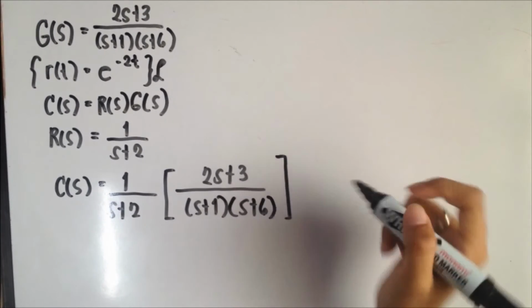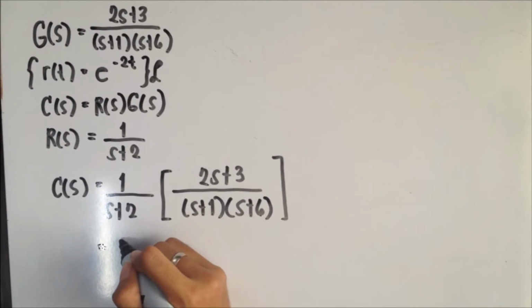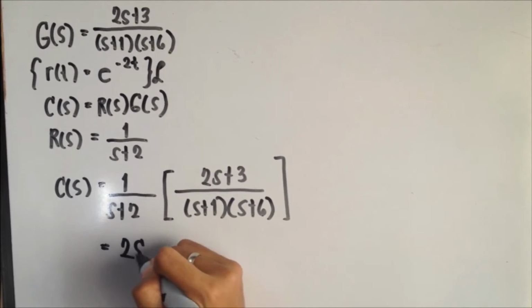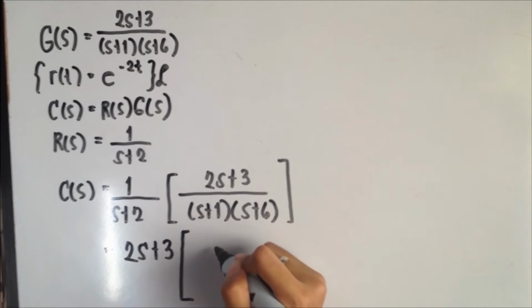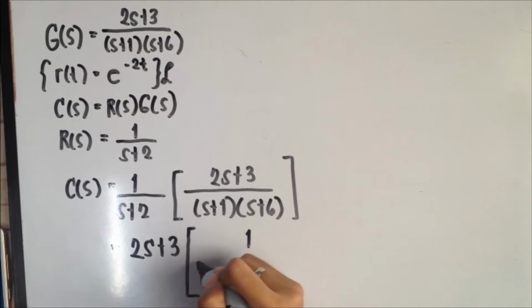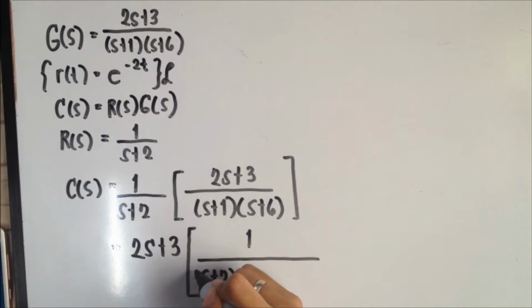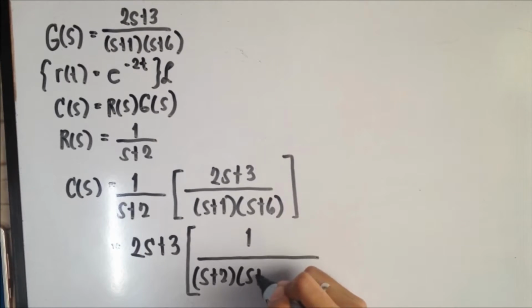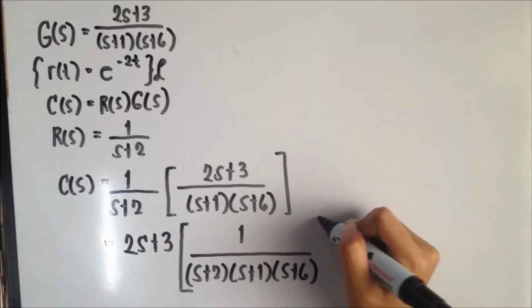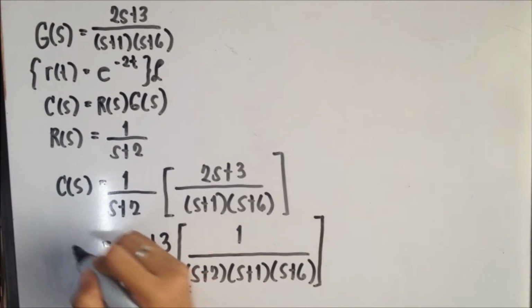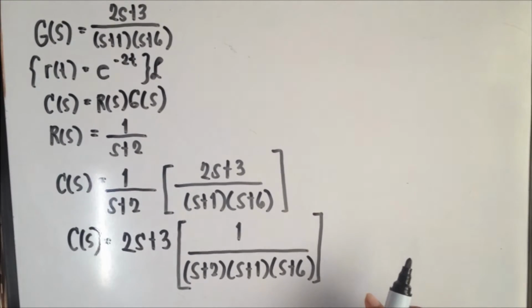So we can write this equation in the form of 2s plus 3 multiplied by 1 over s plus 2 times s plus 1 times s plus 6. So we're going to use this later. So this is equal to c of s.